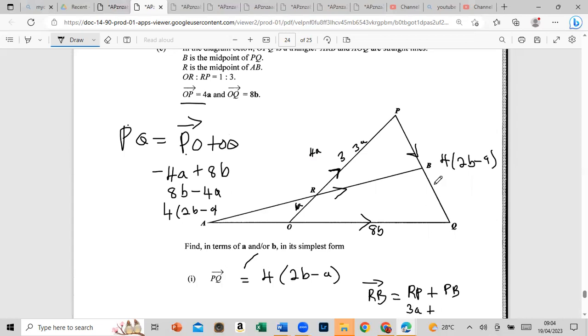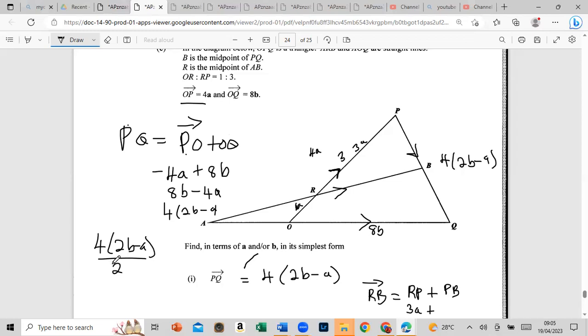They told us that B is the midpoint of PQ. So we're going with the arrow. So what we have to do now is just divide this by 2. Alright, so divide this by 2 and that should give us the answer. I'm going to just leave it over here. So this should be 4 bracket 2b minus a, divided by 2.